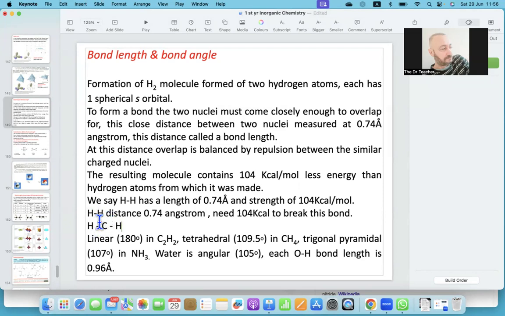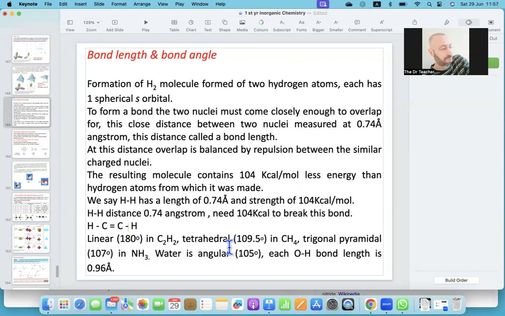The above angle is 180, and the lower angle will be 180. This we call linear, on the same line, which can be found in C2H2. So this is the linear shape of C2H2.